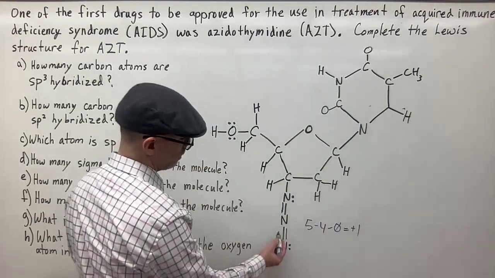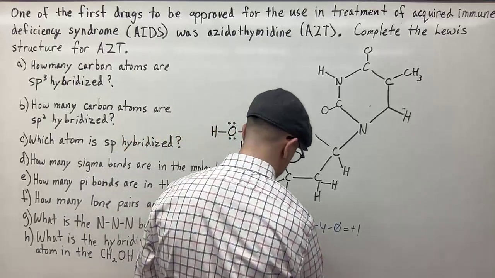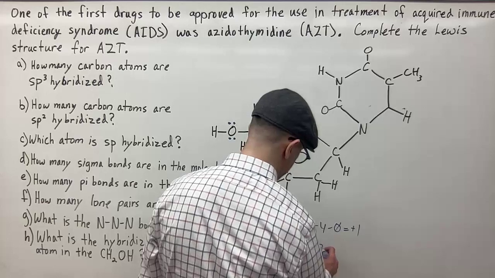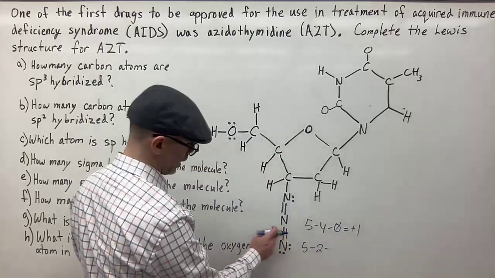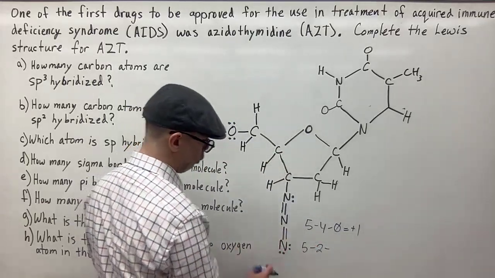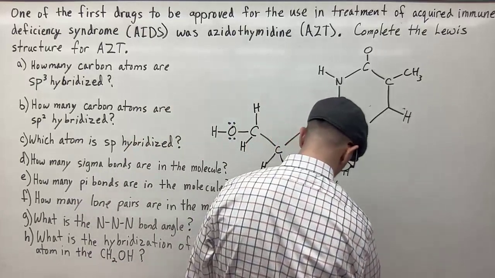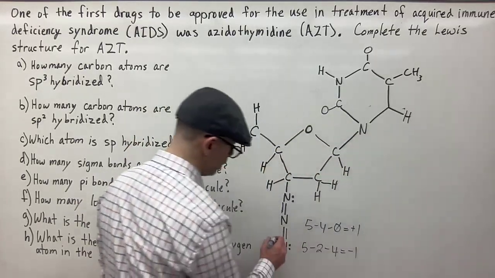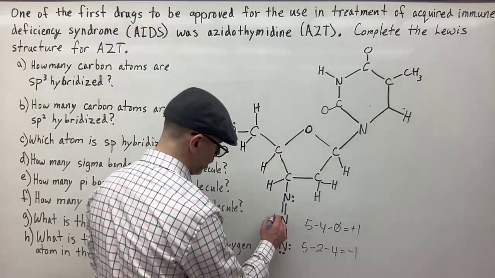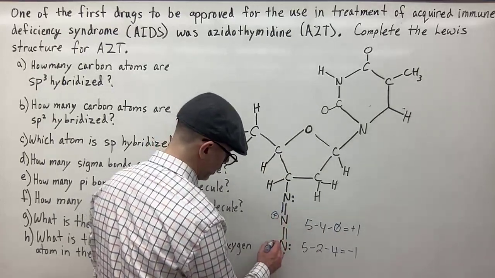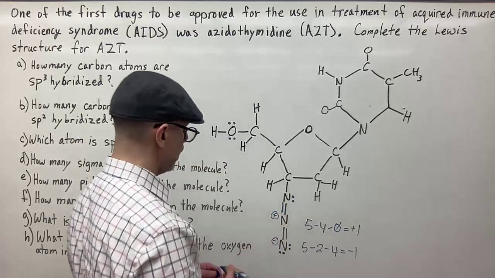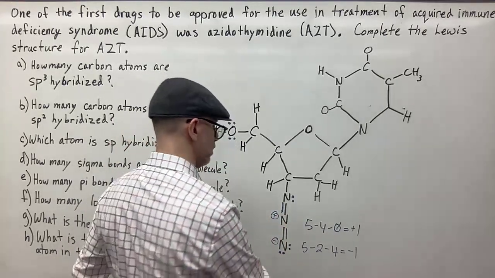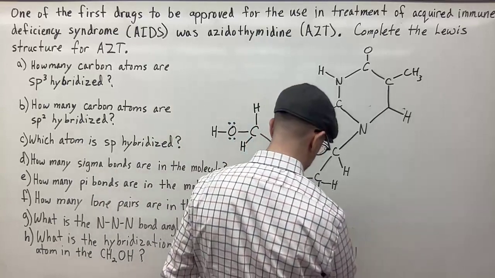And then here, it would be 5 minus 2, 1 for each bond, so minus 2 since we have 2 bonds. And then we have 4 electrons for lone pairs, so that would be a minus 1. So here we would have a plus 1, here we have a minus 1. Lower charges, so that would be better.